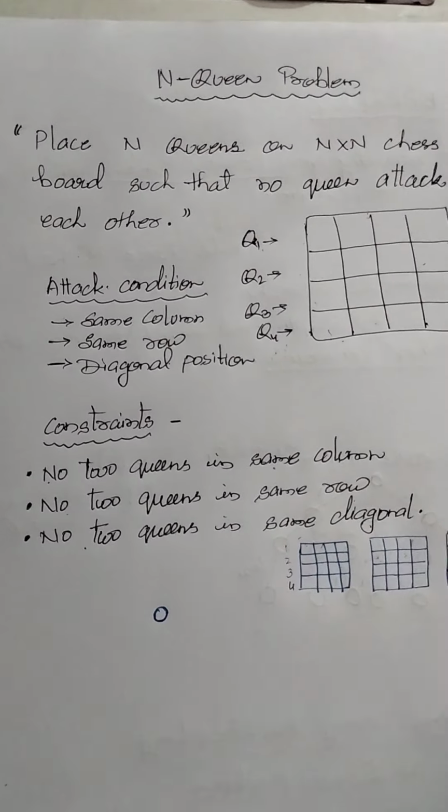Don't worry, we can check another option, q3 equals 2. That means can we place q3 in the second column? If we place q3 here, q2 and q3 are in the same diagonal position, so they can attack each other.